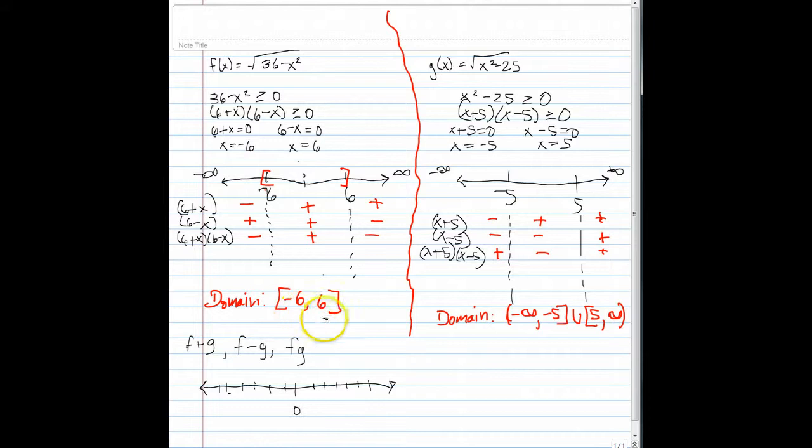So if we're just looking at the domain of the function f, it's from -6 to 6, and all these values in between.